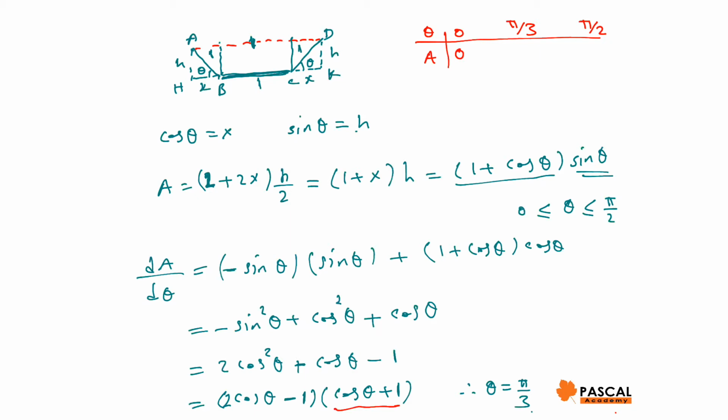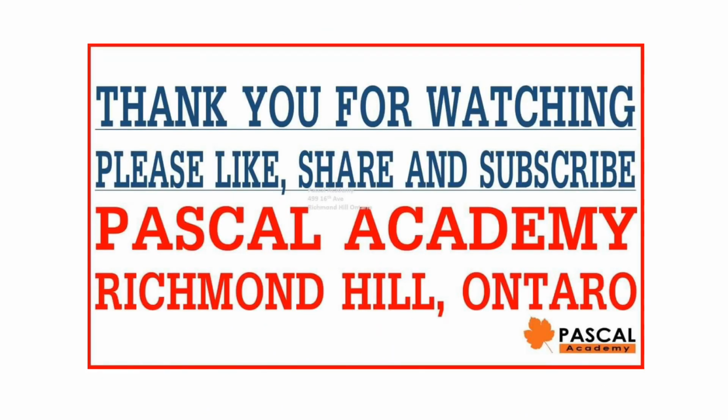At theta equals pi over 3, area is 3 root 3 divided by 4. And at theta equals pi over 2, area is 1. Therefore, the area of the trapezoid is maximum when theta is pi over 3. Thanks for watching.